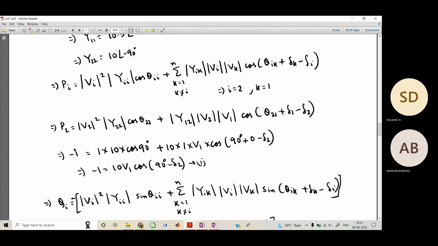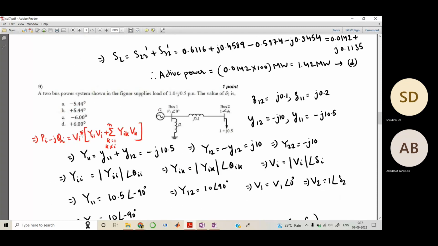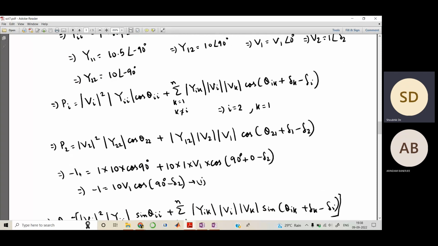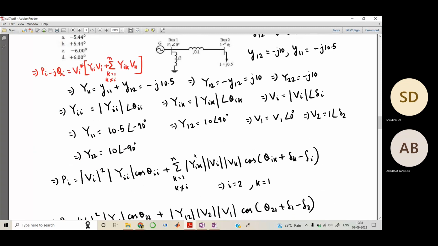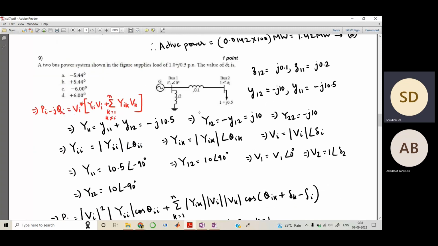Now here you may say that I have written a minus here, P2 is minus 1, but in the diagram there was no minus sign. You may ask why this minus is here. This I told previously, because in load flow studies, for a generator bus, the power, be it reactive power, be it apparent power, is being generated and is considered positive, and for a load bus it is considered negative, right?